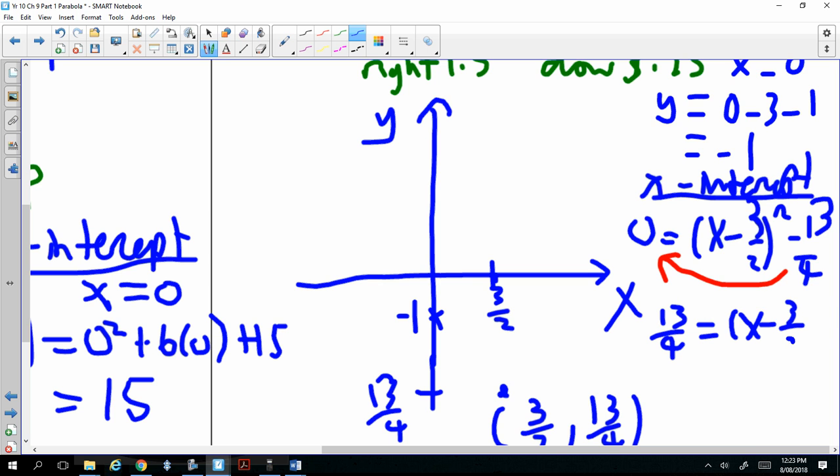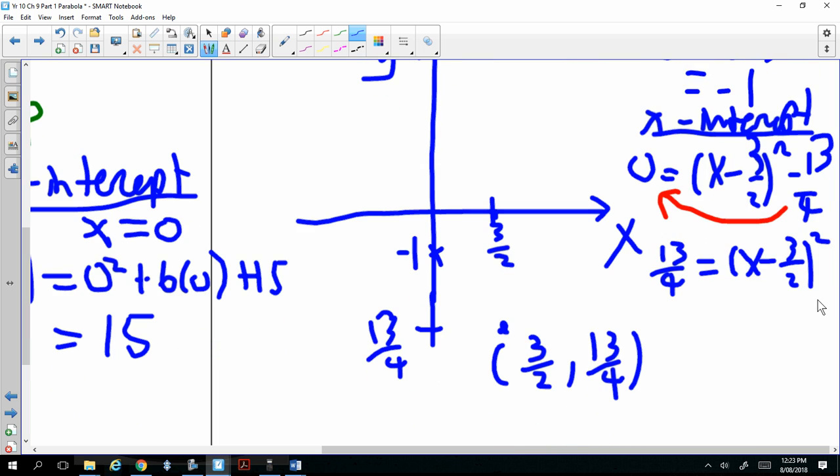And then you square root both sides. When you square root, be careful. Put plus or minus square root of 13 over 2, because you square root the 4, becomes 2. And then you're going to move this term to the left. So you get x equal to 3 plus or minus root 13 over 2. Okay?